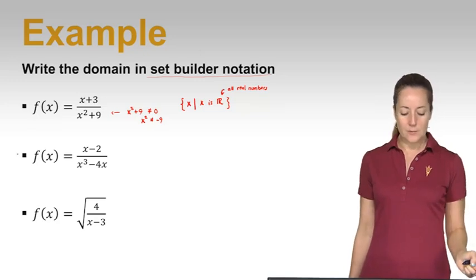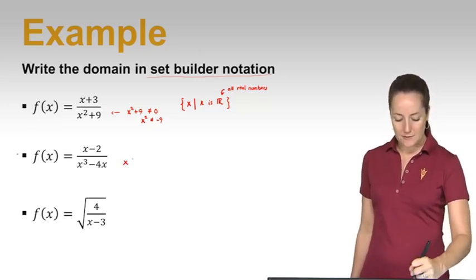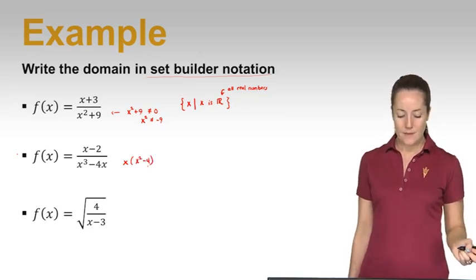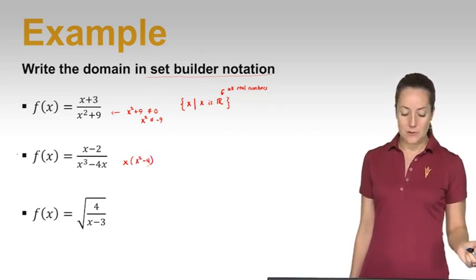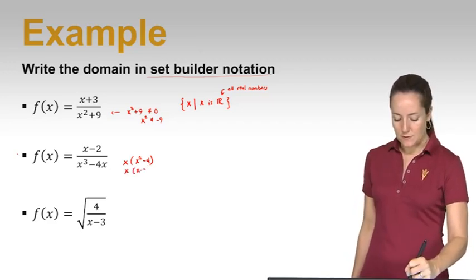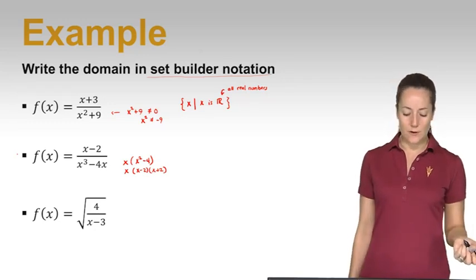Now in the second example, this denominator should look familiar. This is the denominator that factors as x times x squared, this time minus 4. And I don't want that denominator to equal 0. This could be factored x minus 2, x plus 2, since it's a difference of squares.